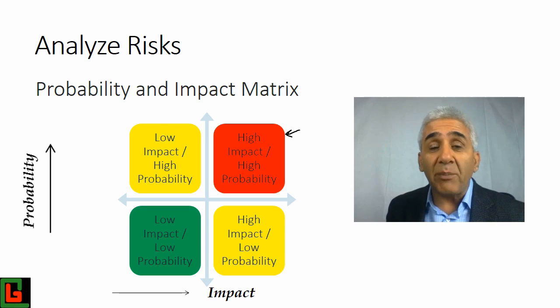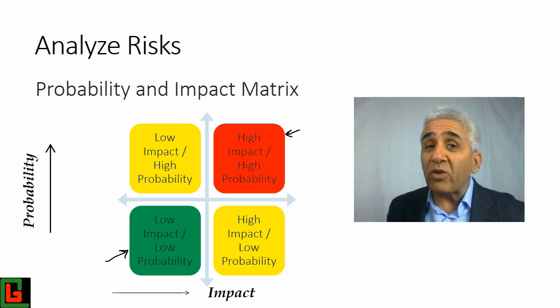Going just on the opposite side, if it's a low probability risk and low impact risk, that means there is very rare chance of happening, and even if it happens, it's not going to significantly impact the objective of the organization. So those are low risks. So low impact, low probability will be low risk.